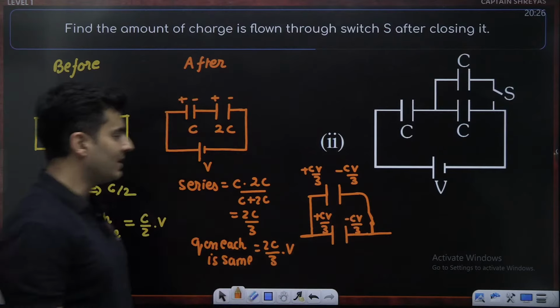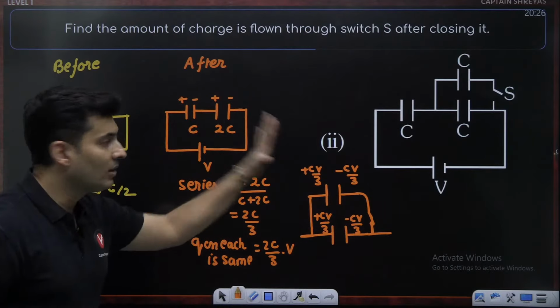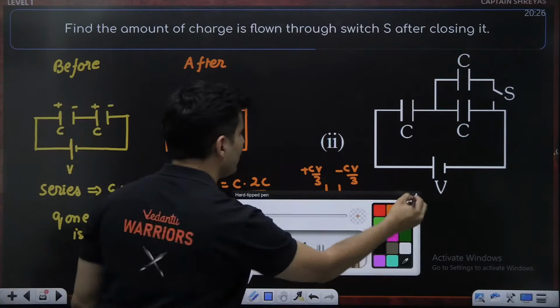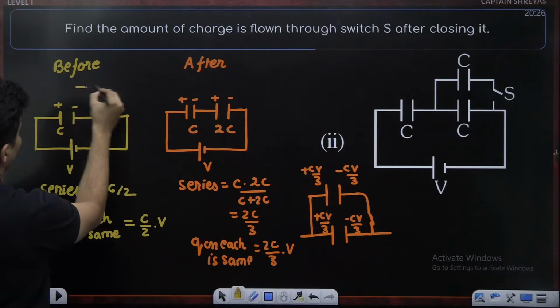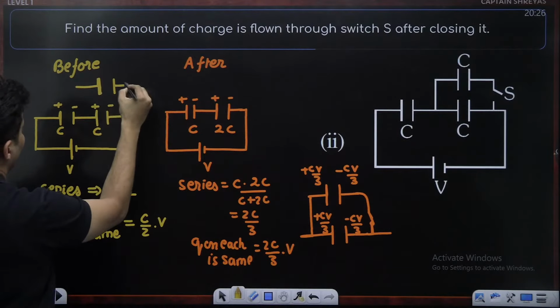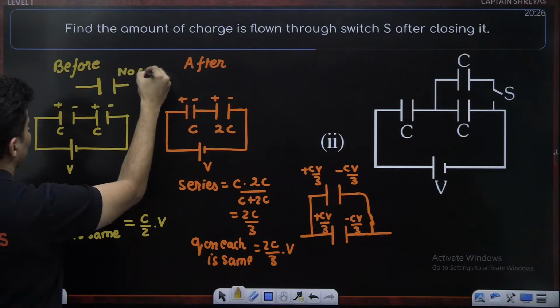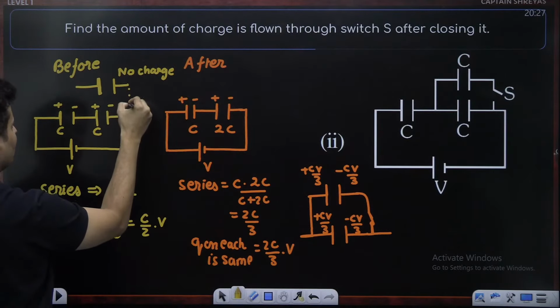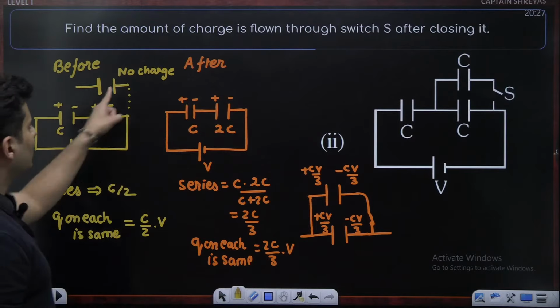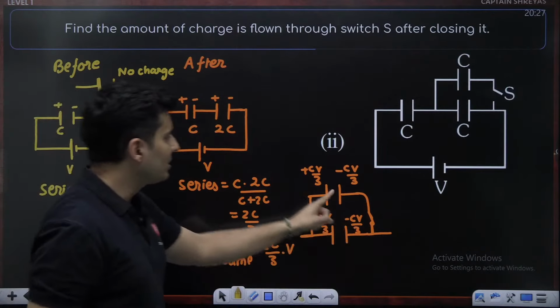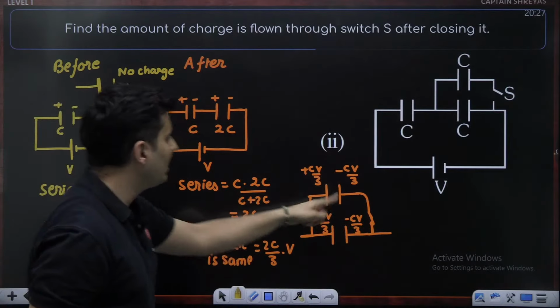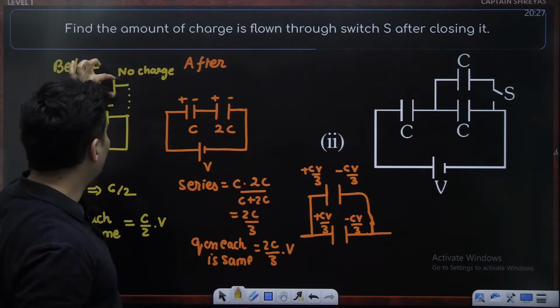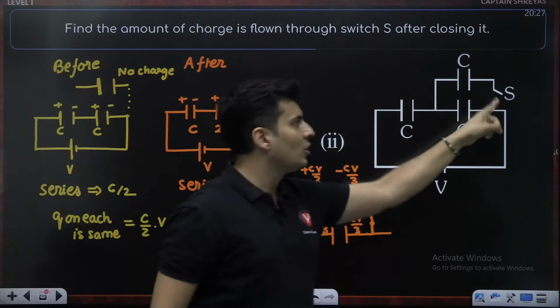This is what you will see exactly after closing the switch. Before closing the switch, the top capacitor did not even have charge. There was no charge here, because this was not connected. Now, when you connect the switch, if CV by 3 has come on this plate from no charge, how much charge has gone through the switch?